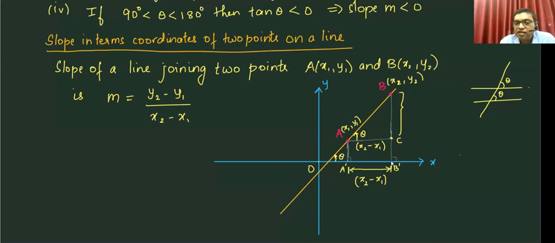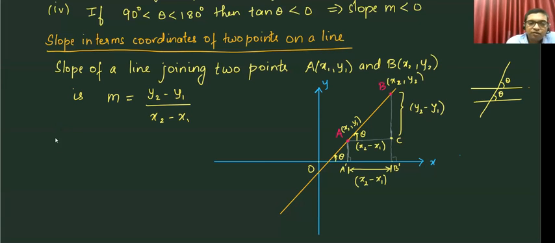B dash B is y2 and B dash C is y1. See this level y1. So this BC will be y2 minus y1.